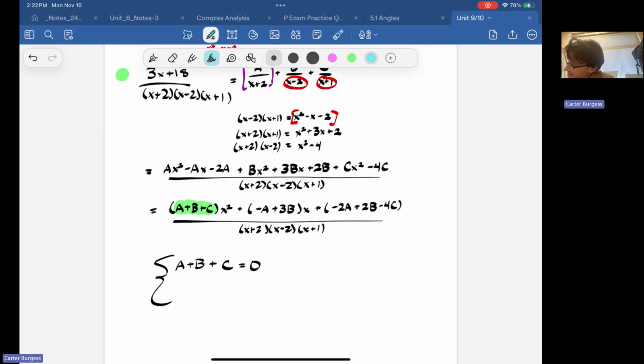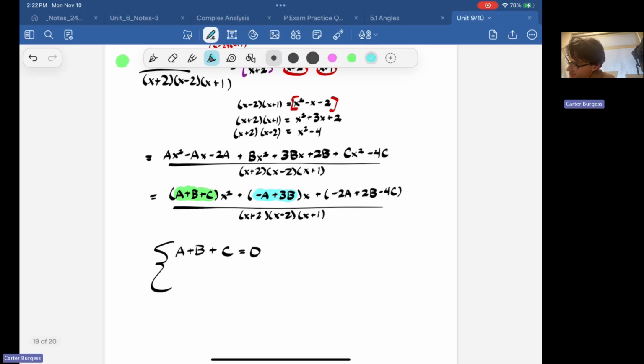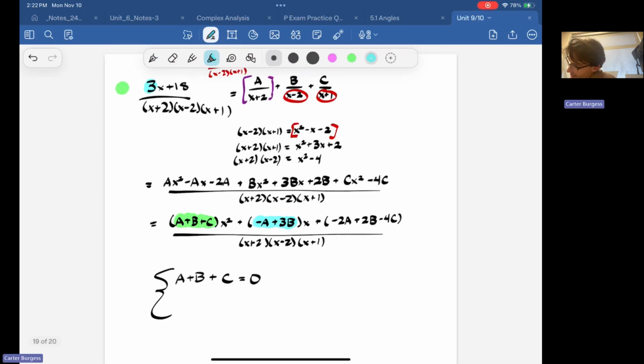What is this going to be equal to? That should be equal to the 3 here. a plus 3b should be equal to 3. And what is our final one going to be equal to here? That should be equal to 18. So in this case, negative 2a plus 2b minus 4c is equal to 18.